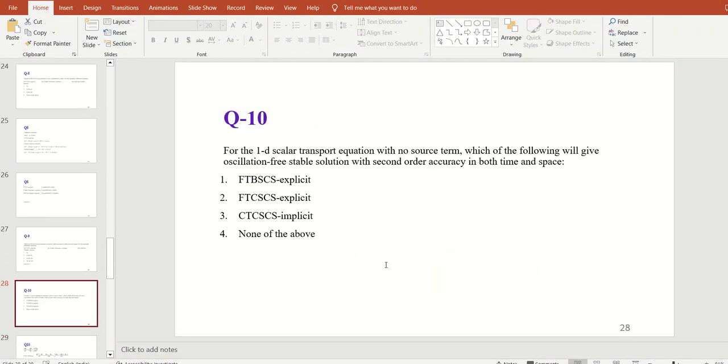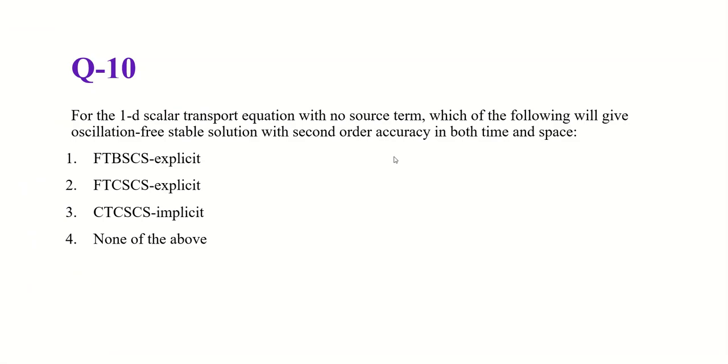Okay, now we'll move on to question 10. In question 10, it is asked that for the one-dimensional scalar transport equation with no source term, which of the following will give oscillation-free stable solution with second order accuracy in both time and space? Forward time, backward space and central space explicit, forward time, central space explicit, central time, central space and central space implicit.